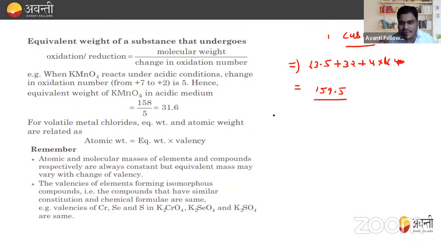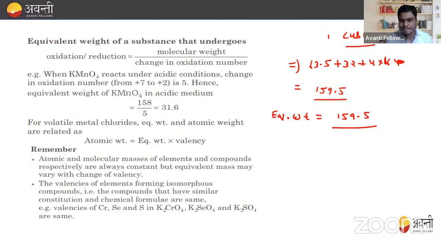Now what is the equivalent weight of this, beta? Equivalent weight of copper sulfate is 159.5 divided by what factor? What is the valency of the copper here?